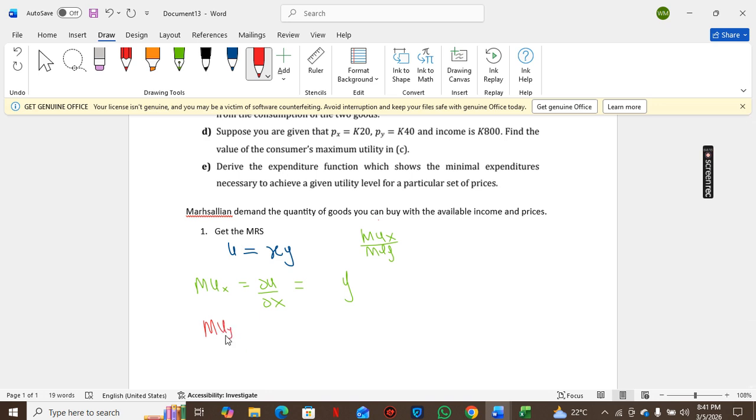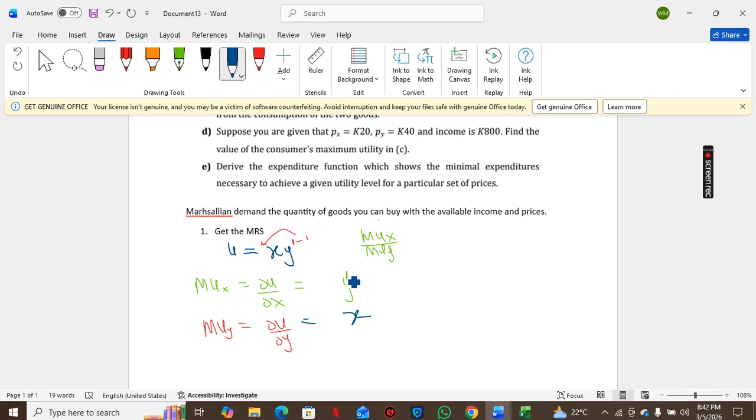Now we derive our utility function with respect to Y. So this is Y to the power 1. We multiply this 1 with the coefficient there, we get a 1. You subtract 1 from this exponent, you remain with Y to the power 0. So you just remain with an X when you derive.